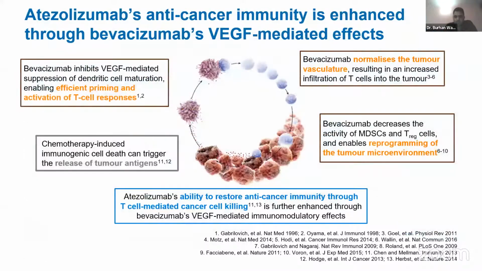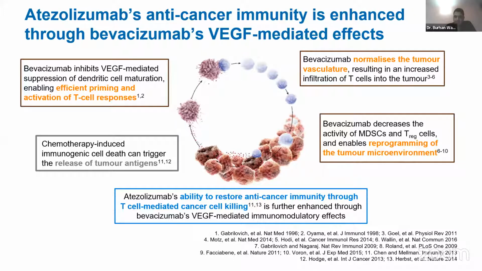The basic idea of combining atezolizumab with bevacizumab was that bevacizumab enhances immune-related effects. How does it do that? Once bevacizumab is given, it normalizes the vasculature, thereby resulting in increased infiltration of T cells into the tumors.